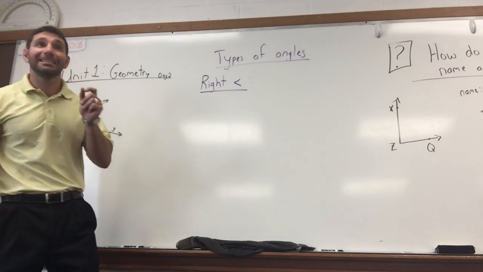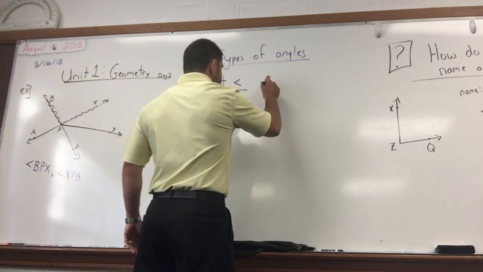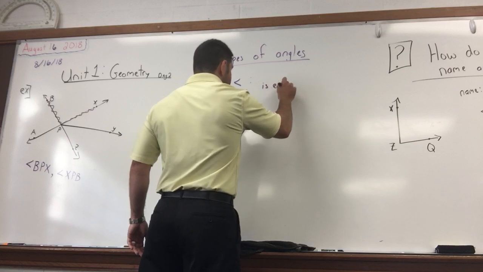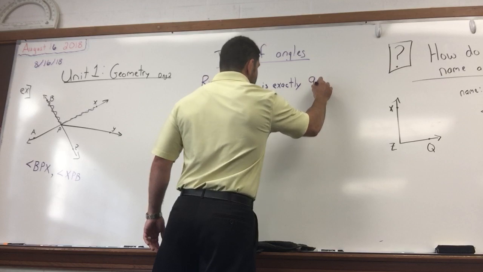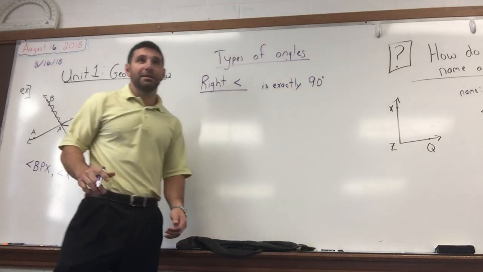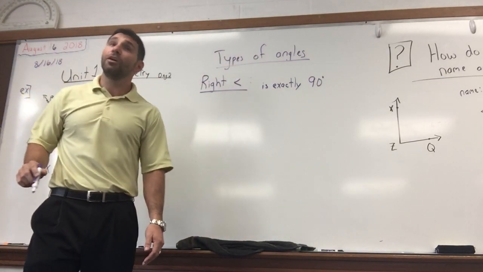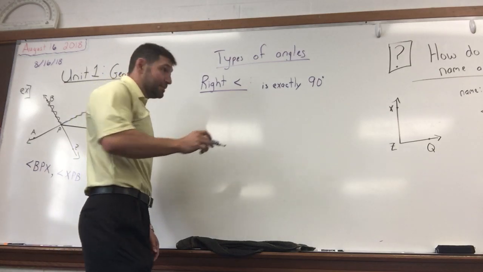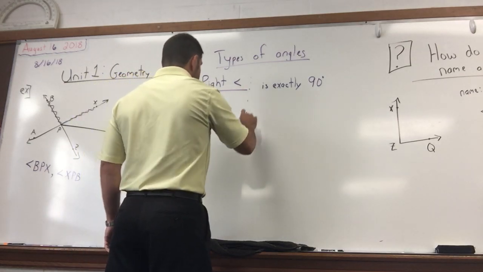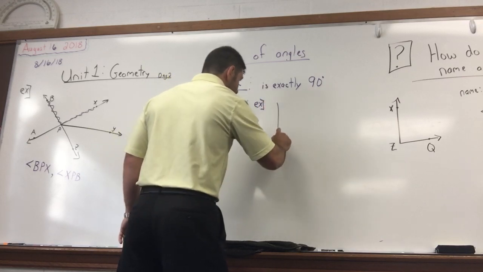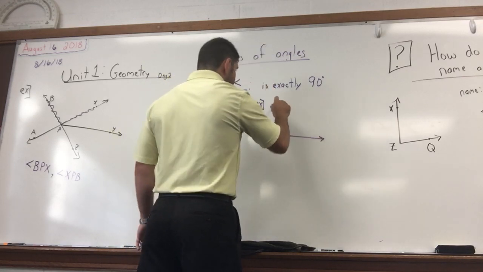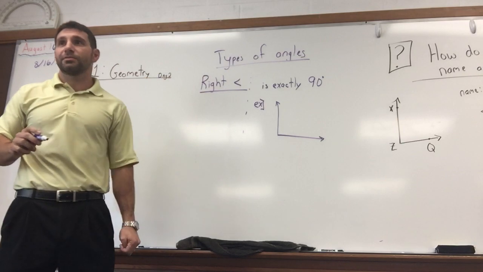A right angle, and I don't remember her name, which bothers me, but a right angle is exactly 90 degrees. Now, what does that mean? That means it almost looks like a T. So we show right angles 2 ways.